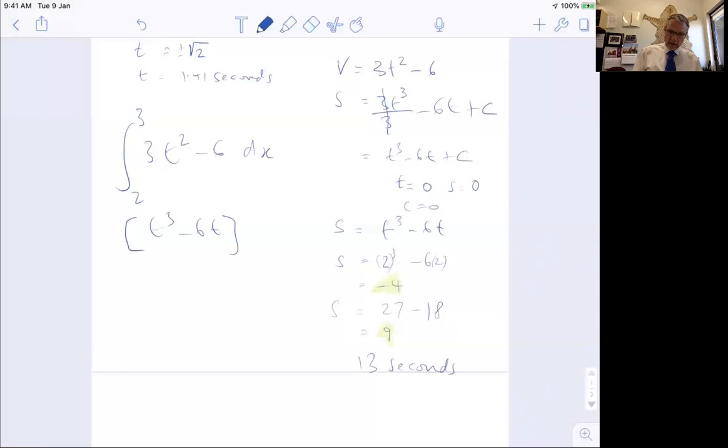I don't worry about c, and then we get 3 and 2. So we substitute 3 into the equation. We already know what that gets, so that's 3 cubed minus 6 times 3, and we subtract what we got when we put 2 into the equation, which is minus 6 times 2. We get 9 minus negative 4, and we still get 13, and that's another approach to that problem.